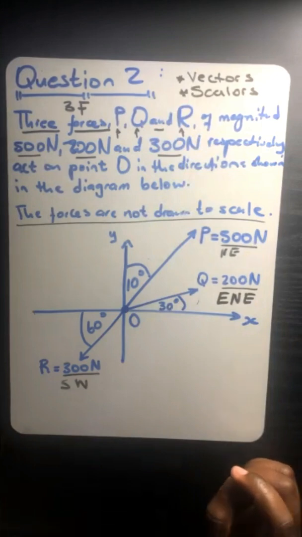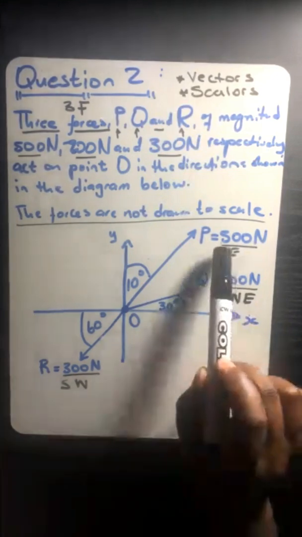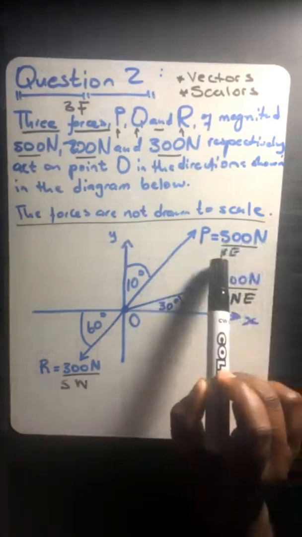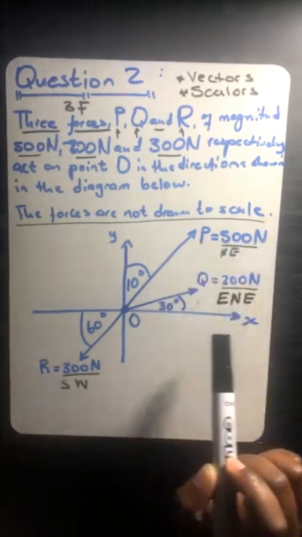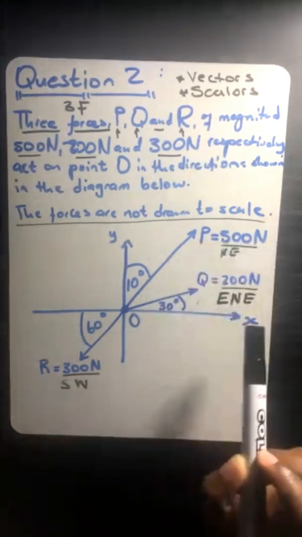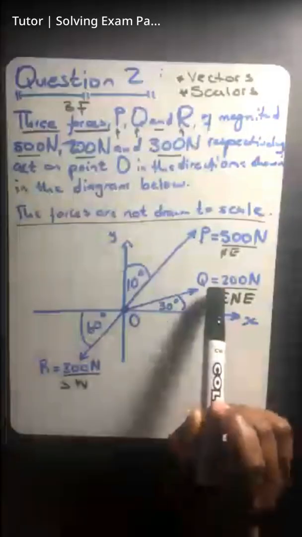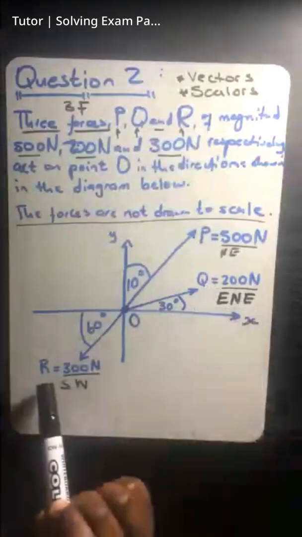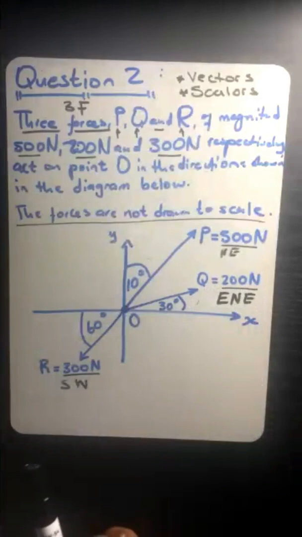So now we have the magnitude of force P being 500 in the northeast direction, and then we've got the Q force, which has that magnitude in that direction.